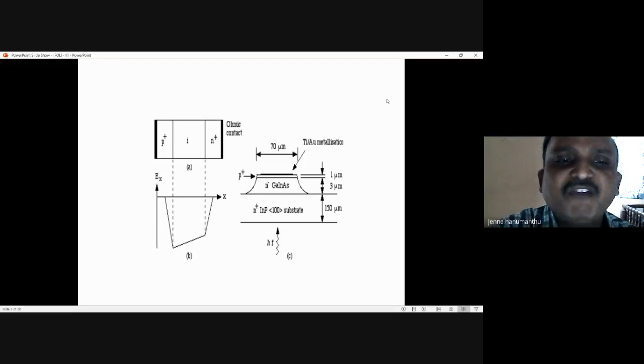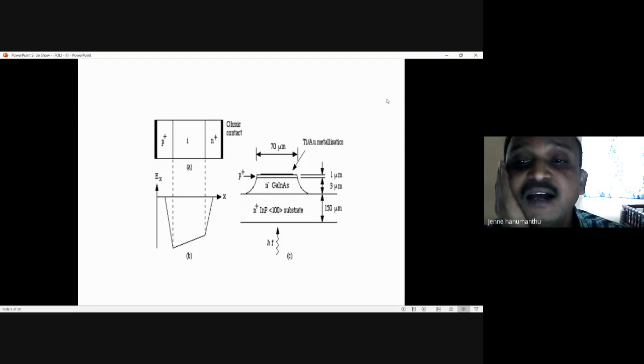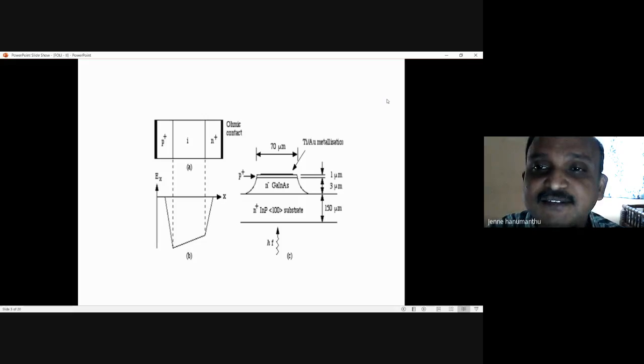Photocarriers mean holes as well as electrons. In one word, electron-hole pairs are created in the I region. Understand my point?